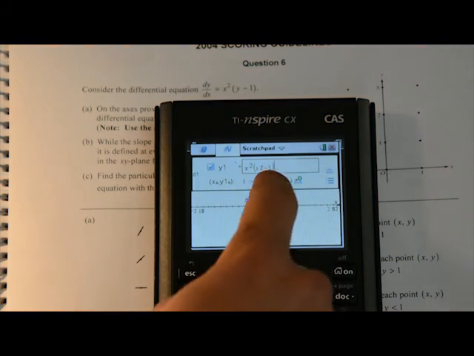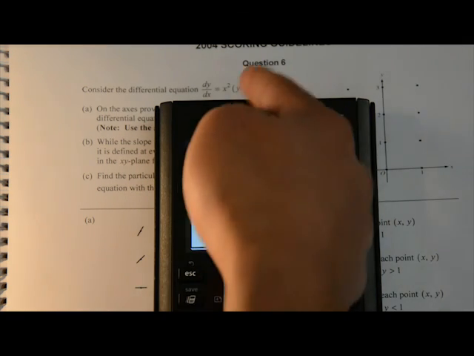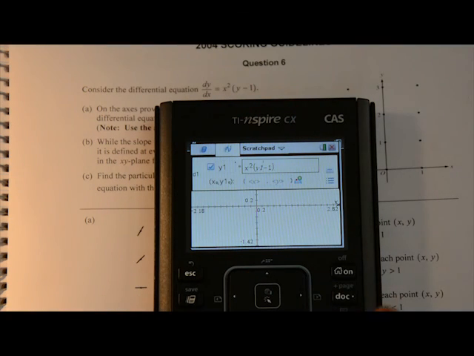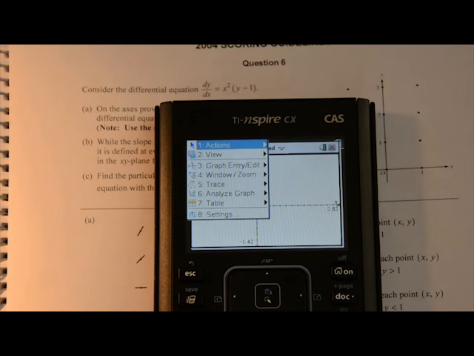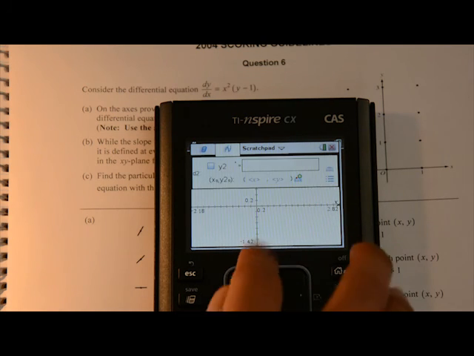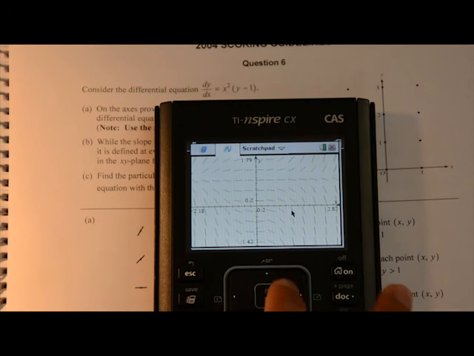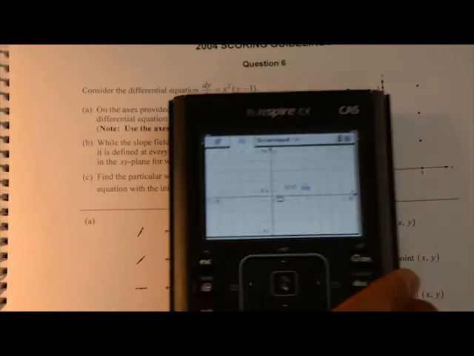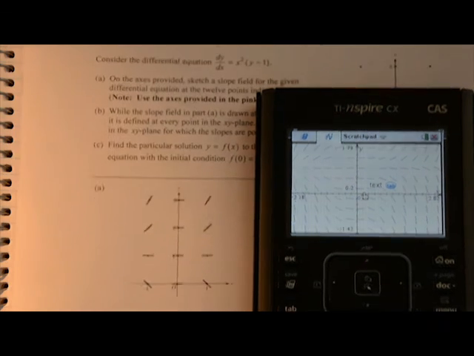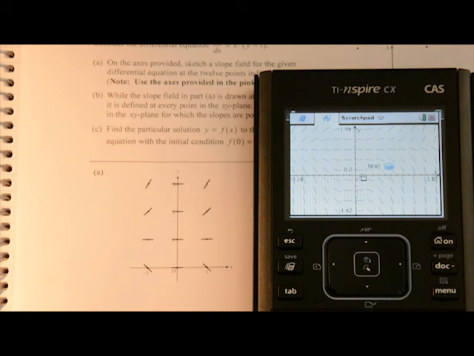And now we're given our equation right here. It's dy over dx, or y prime, is equal to x squared times y minus 1. Now, if you look on the calculator, we technically have that format already set up. We have a y1, and that's very nice because that's technically the y prime, or dy over dx.